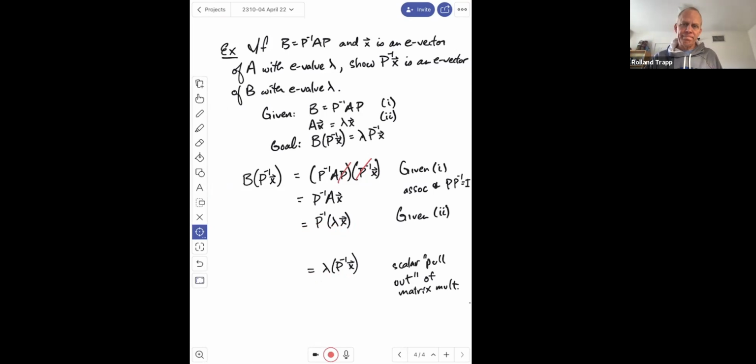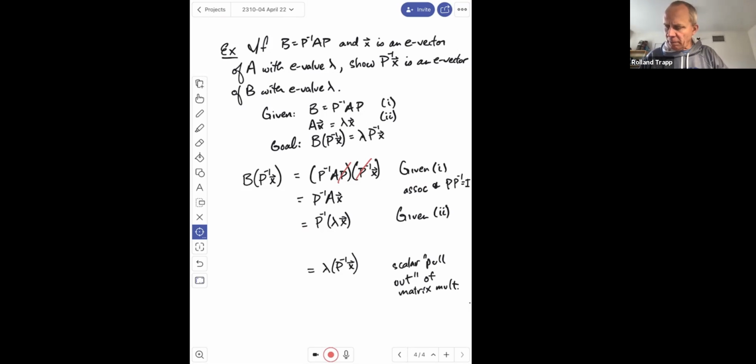Okay. That's it. So if you look at the homework from 5-4, there's a variety of things. There are some calculations like we started out with today where you had to diagonalize things or maybe just find the B matrix.